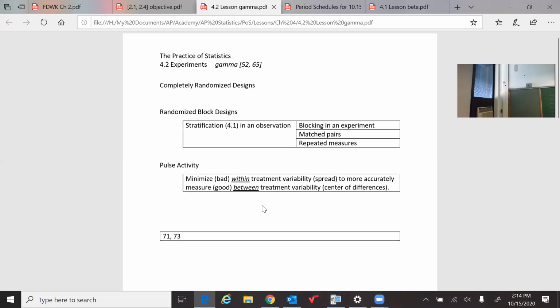You're compared to yourself. Well, if I'm comparing to myself, I always want to do that, because I can see it. But you can't always do that. There are circumstances where you can't compare to yourself. So this is preferable: repeated measures, but matched pairs available.